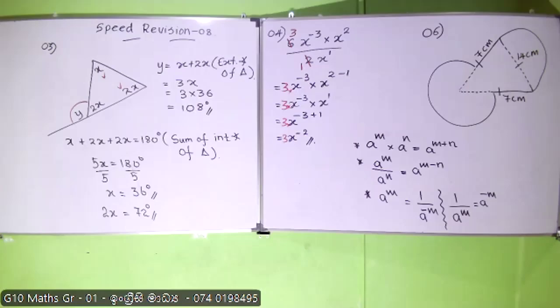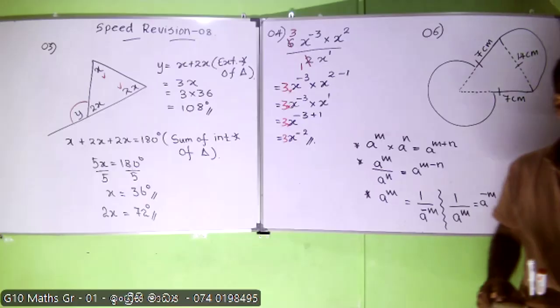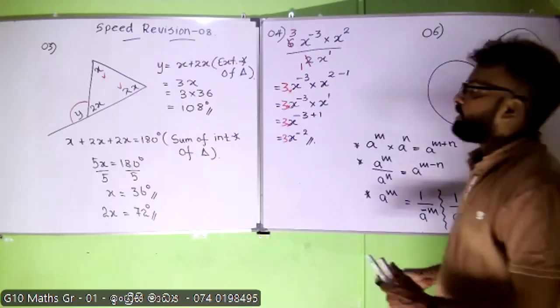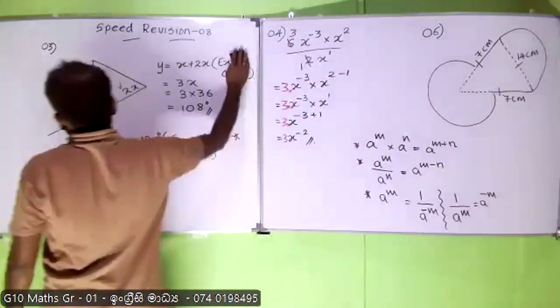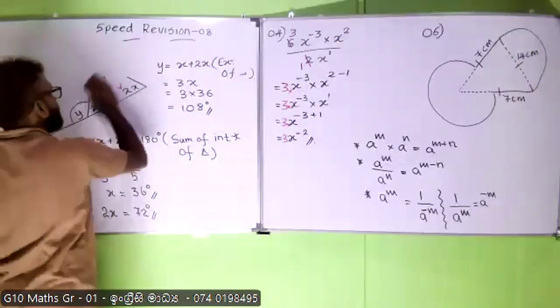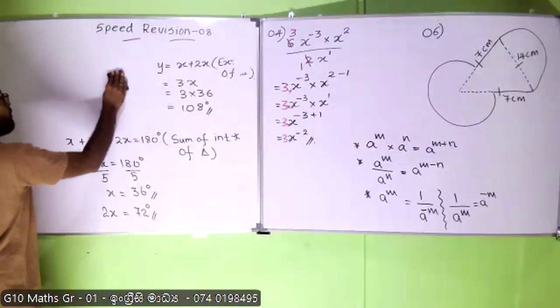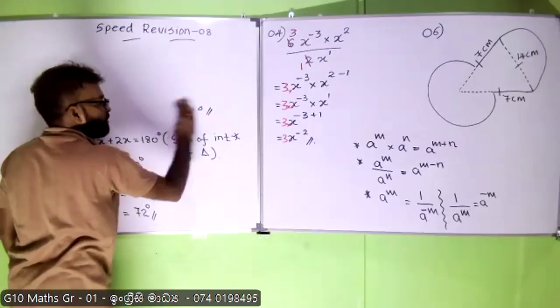Next one: find the square root of 3.845 up to 2 decimal places. I didn't tell which method, so normally you use the division method.